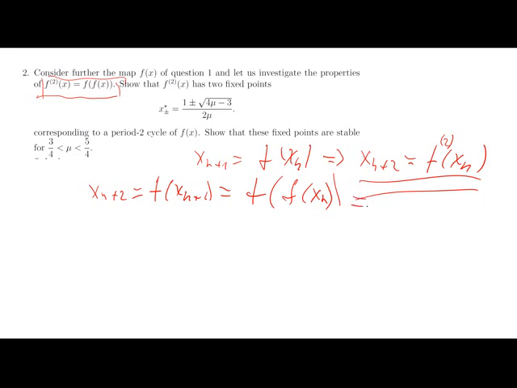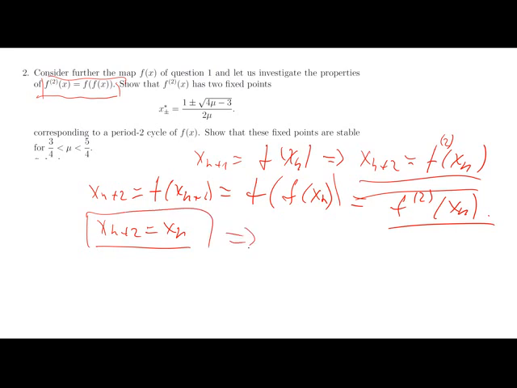And then we have this two-composite map, f2 of xn. So for a 2 periodic solution, xn+2 should be equal to xn. And from here we get that 2 periodic solutions are roots of the equation x equals f2 of x. Does it make sense? Any questions here?